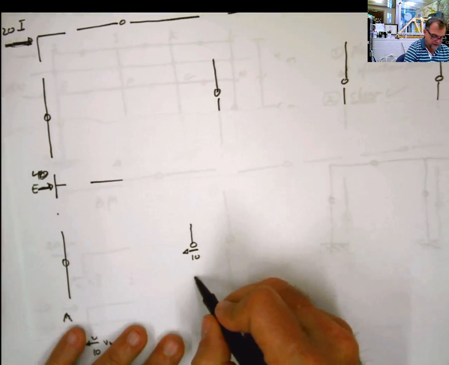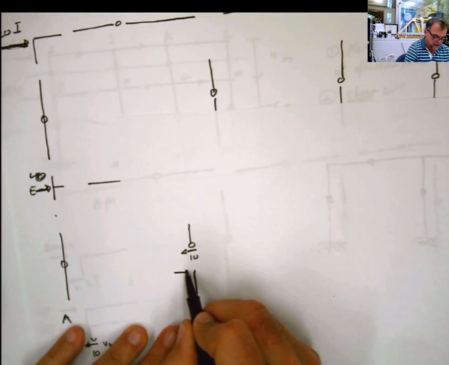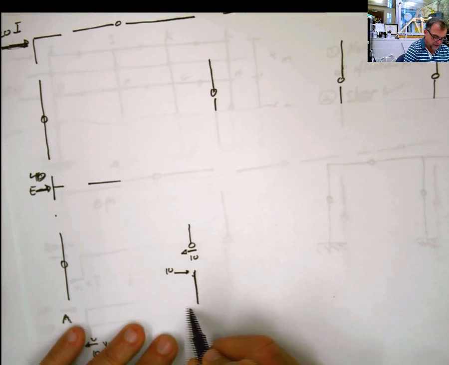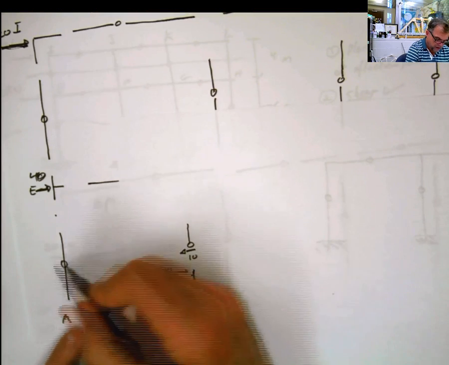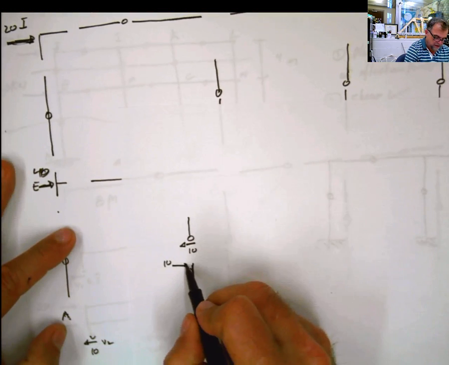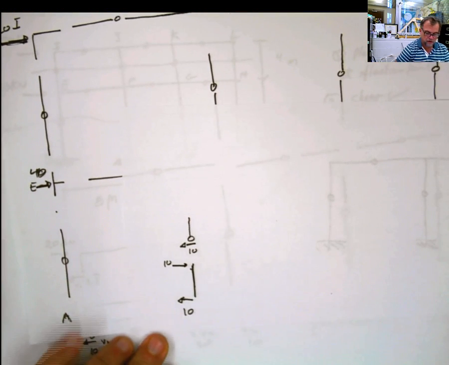Well, if now I study the bottom column, if the bottom column is like that, this 10 is going to be transferred to this side as 10, and in this part I'm doing just this portion of the hinge. Okay, if this is 10, at the bottom here I'm going to have a shear of 10 also.